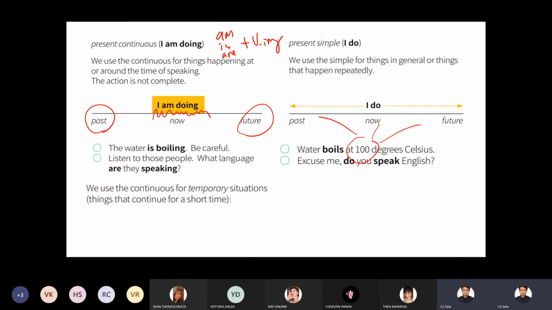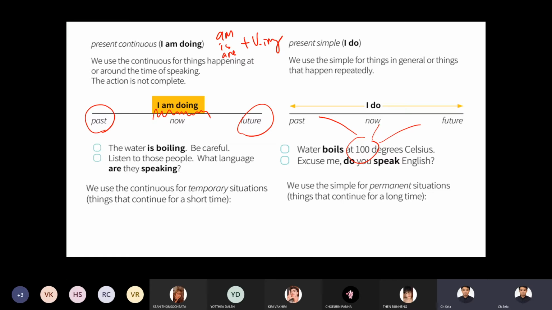We also use present continuous for temporary situations. We already talked about temporary situations: things that continue for a short time, not something that happens for a long time.